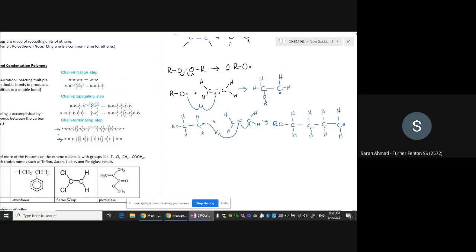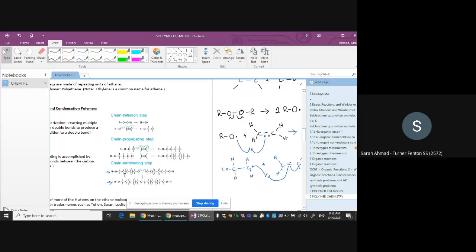So the takeaway is that when you have addition polymerization, you're looking for the presence of a double bond. That double bond undergoes the free radical substitution mechanism, and it adds on to the ethene.